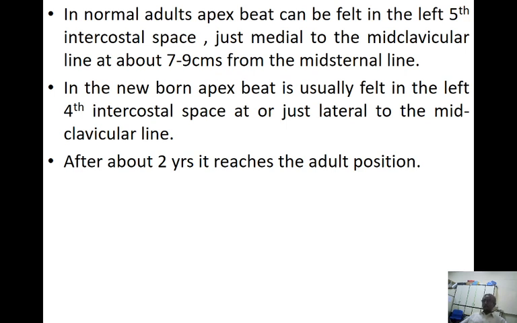Then after about 2 years, it reaches the adult position, that is medial to the midclavicular line, 7 to 9 centimeters from the mid-sternal line, and in the fifth intercostal space.